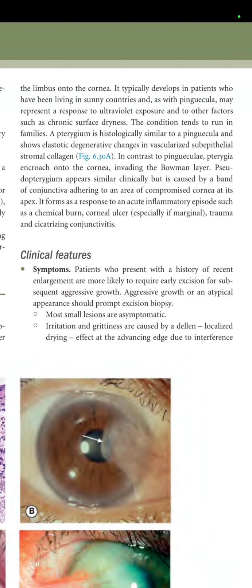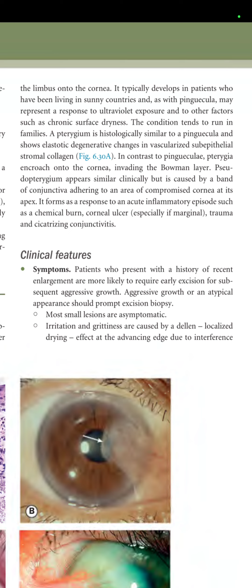In contrast to pinguecula, pterygium encroaches onto the cornea, invading the Bowman's layer. So it is very important which layer of the cornea the pterygium invades. Whenever you are excising the pterygium, you should extend up to the Bowman's layer, excise up to the Bowman's layer.